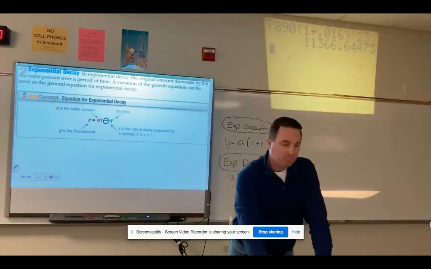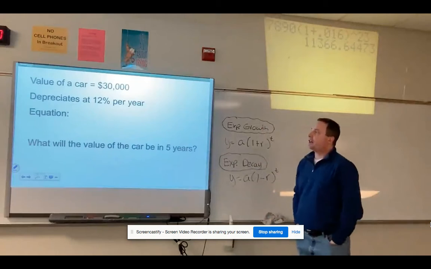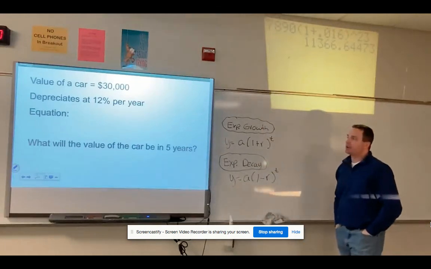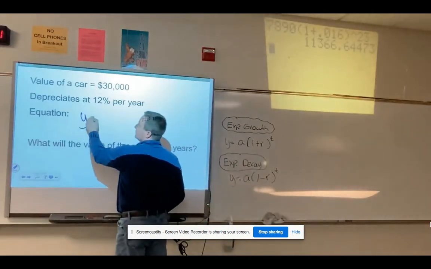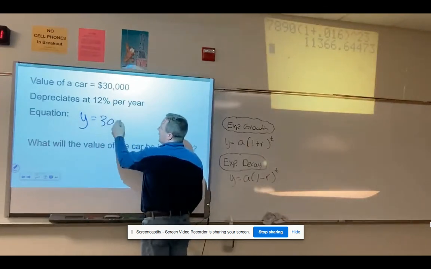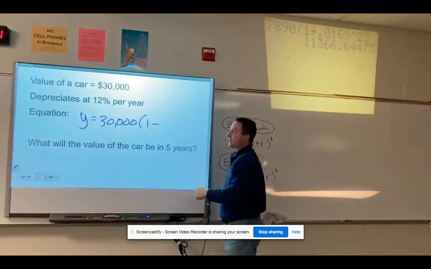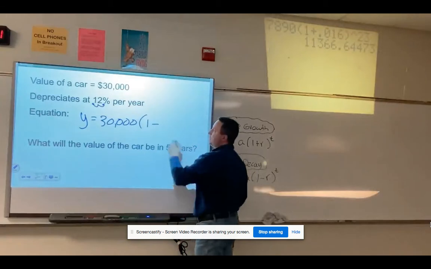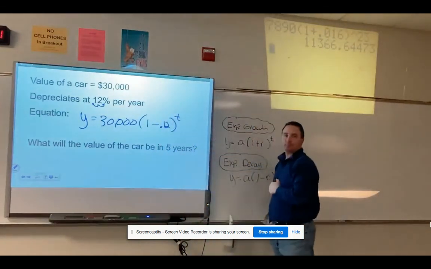Can we try taking a look at one of these? A $30,000 car. It depreciates at 12% per year. What will the value of the car be in 5 years? Well, can we write an equation? A, the original amount, is $30,000 times 1 minus, it's decreasing. And if I change my percent into a decimal by moving it 2 places over, 0.12 to the t power.